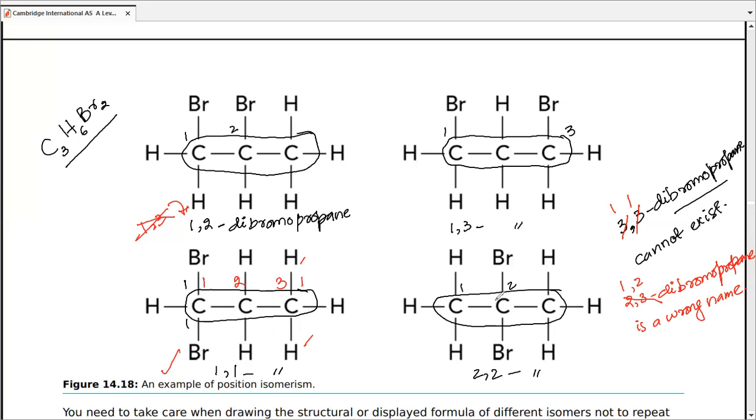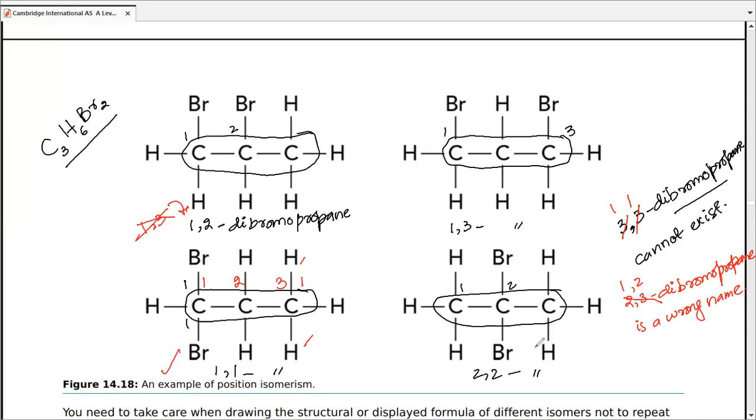Or apart from these four examples, you already have a structure up top and you need to find a position isomer for it. Now, you can only do it correctly if you understand what kind of position isomers would exist and what kind of names are actually wrong names and those won't even exist. Now, that's the purpose behind it.